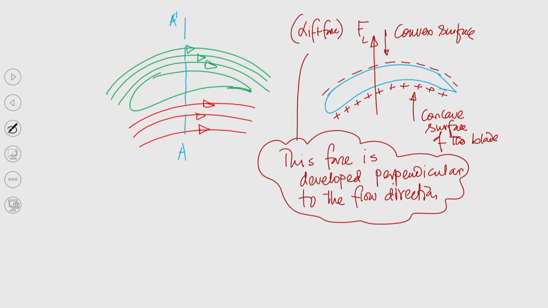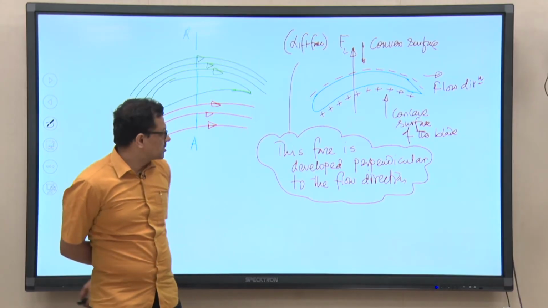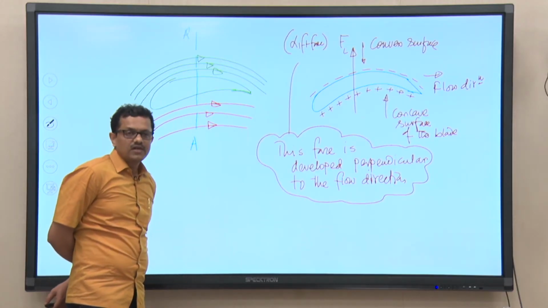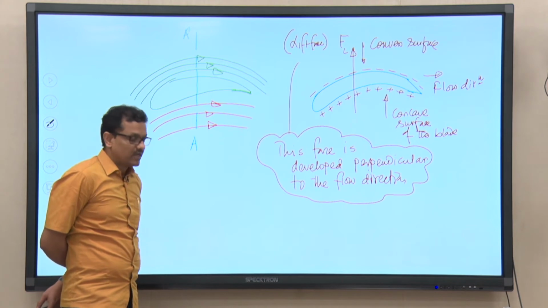So, the same concept will be applicable in the context of a pump, and that is what I am going to discuss today.